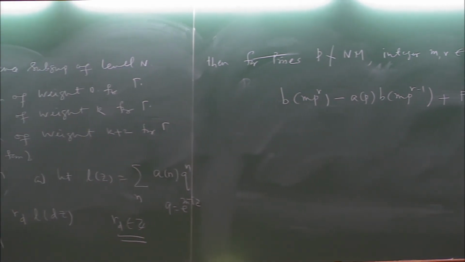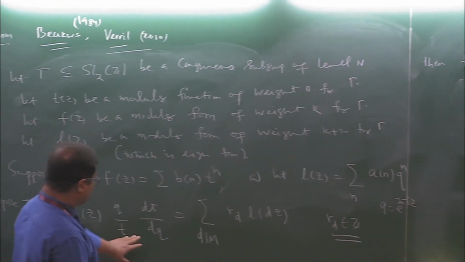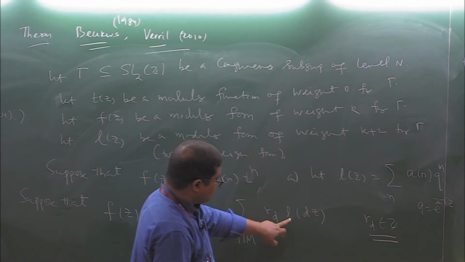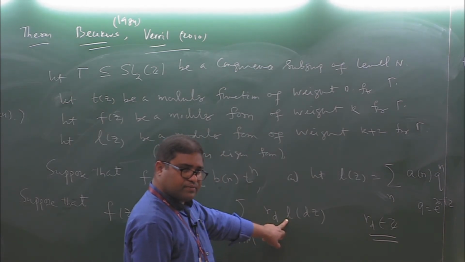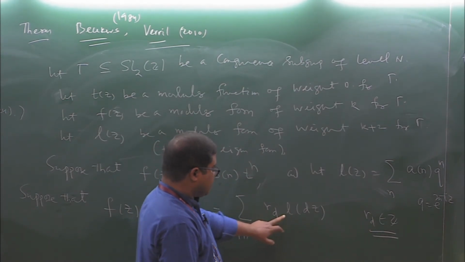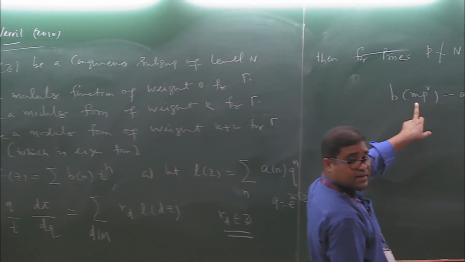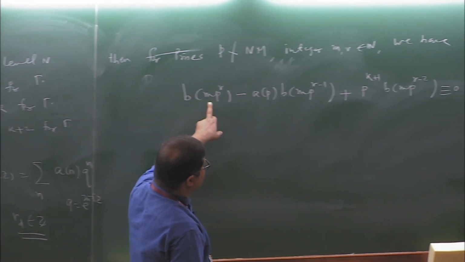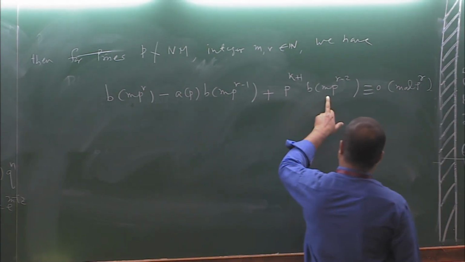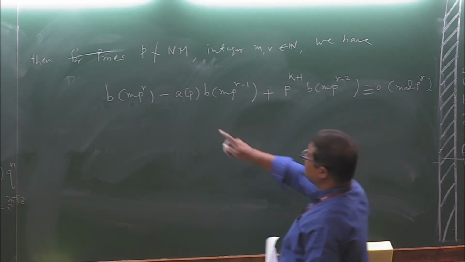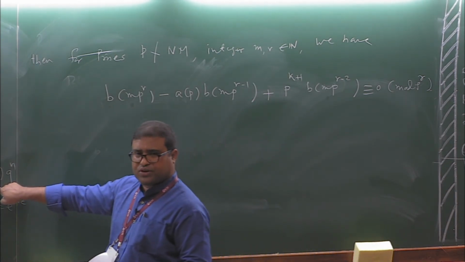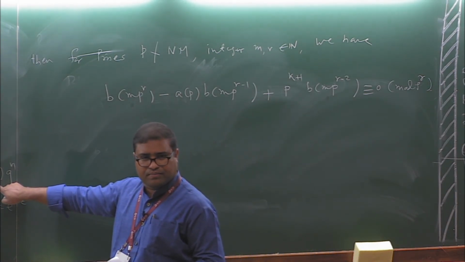The left-hand side is a modular form of weight k plus 2, which I can write as a linear combination of the Hecke eigenforms. If this condition is given, then one can show that the numbers b_n satisfy these three-term congruences modulo p^r, where a_p is the p-th Fourier coefficient of the Hecke eigenform.